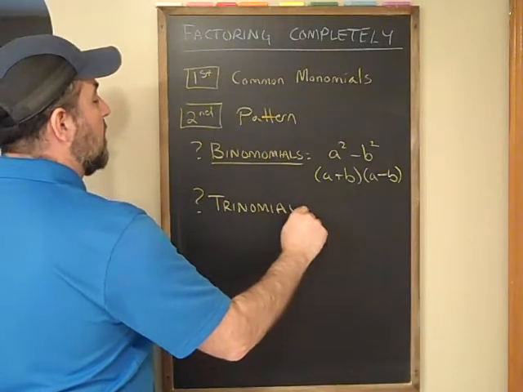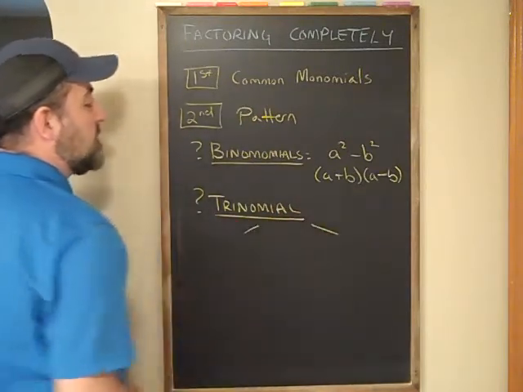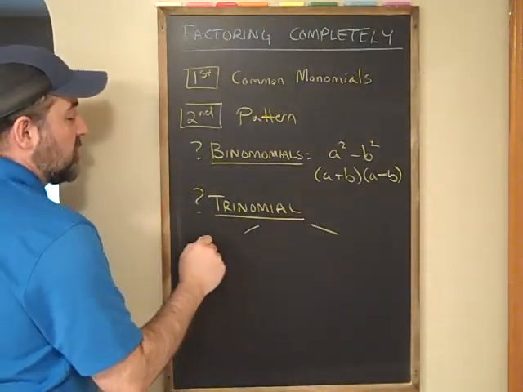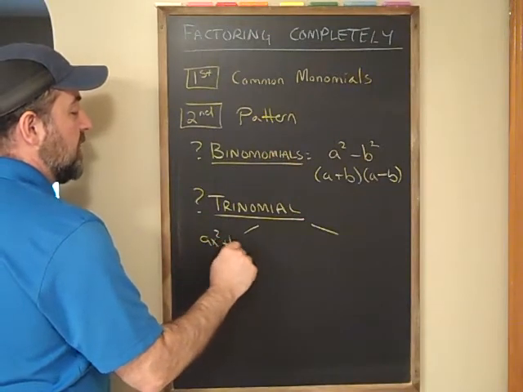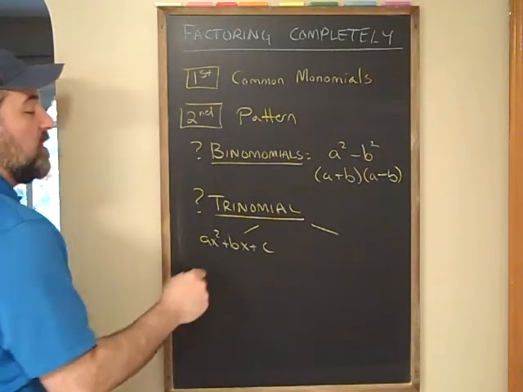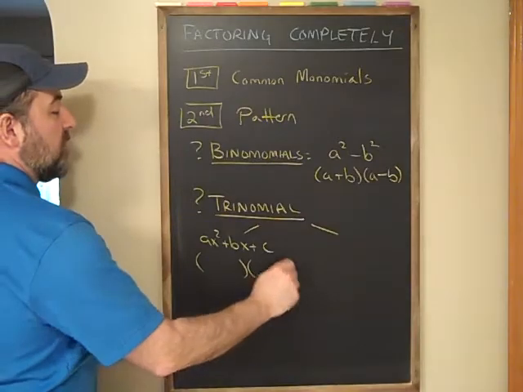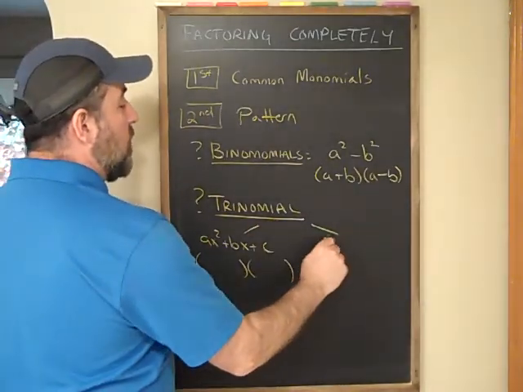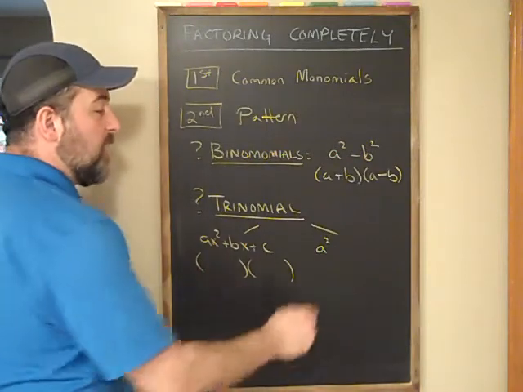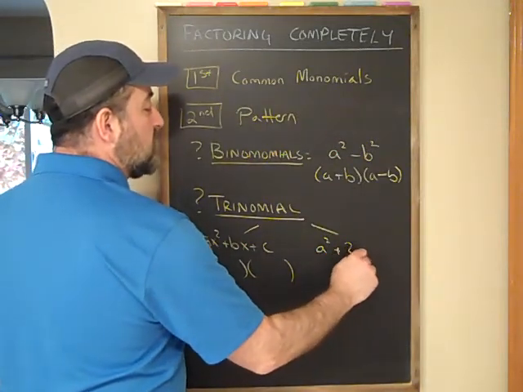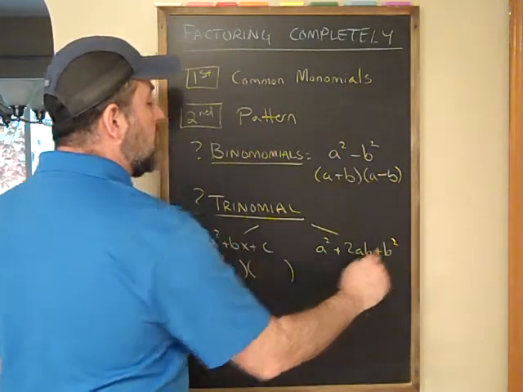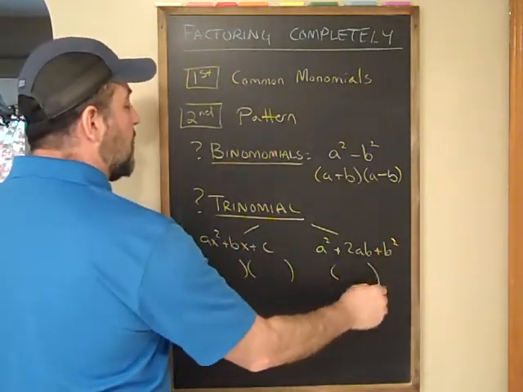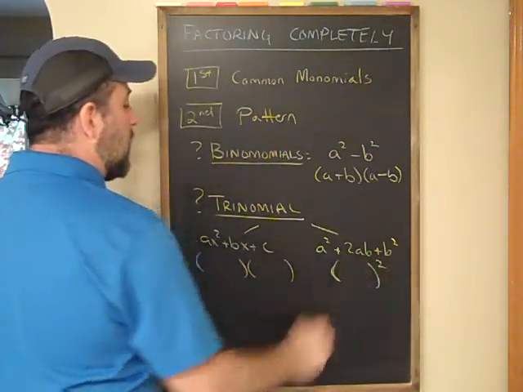If it's a trinomial, there were really two ways that this could go. Some were just those ax squared plus bx plus c patterns where we ended up getting a binomial times a binomial. The other trinomials we saw were ones that fit into that perfect square pattern. So is it an a squared plus 2ab plus b squared? If it's one of those, we're going to factor to be a binomial squared.